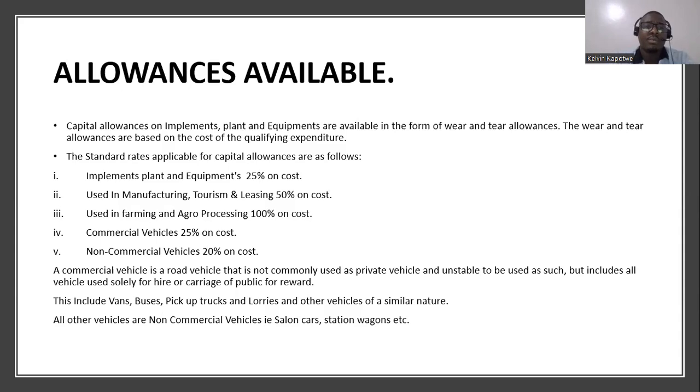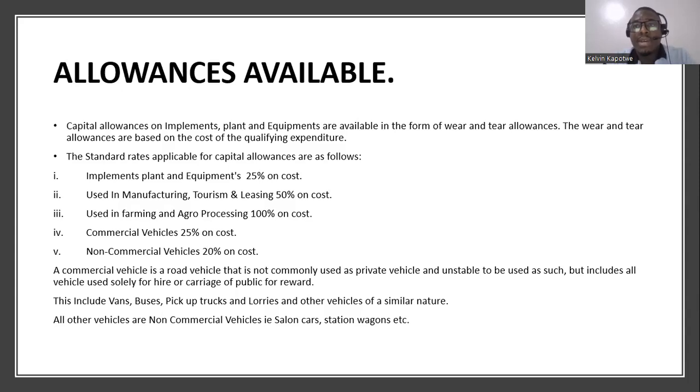A commercial vehicle is a road vehicle that is not commonly used as a private vehicle and unsuitable to be used as such, but includes all vehicles used solely for hire or carriage of the public for a reward. So buses, trucks, which other one?